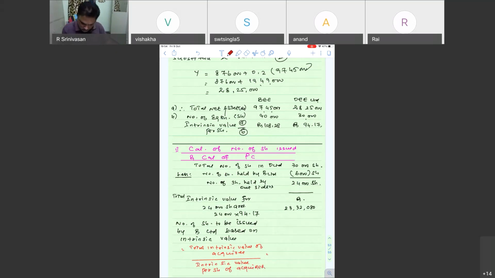Sir, 24,000 into 94.17 is 22 lakh 60,000. Earlier it was wrongly multiplied with 97.17 instead of 94.17. 24,000 into 94.17 is 22 lakh 60,000.